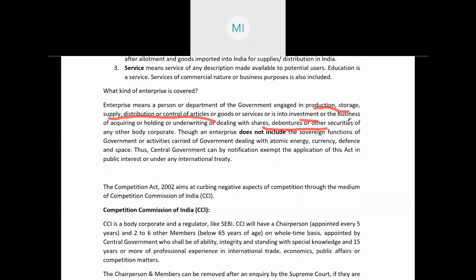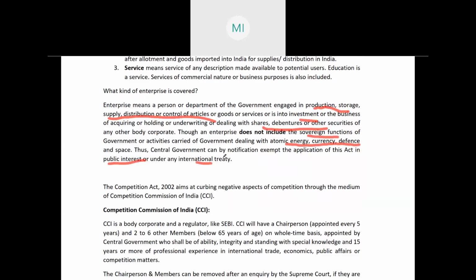But it specifically excludes if the enterprise is doing any sovereign functions, or dealing with atomic energy, currency, or defense in space, or any kind of thing which is in public interest.